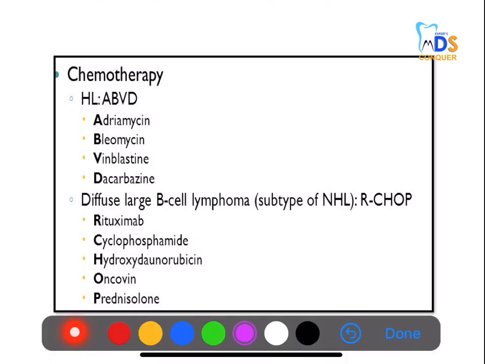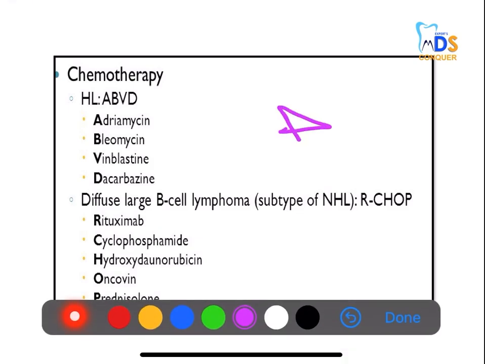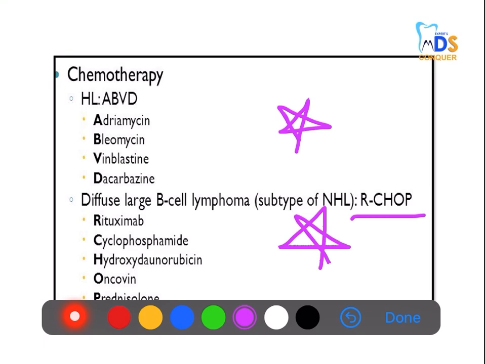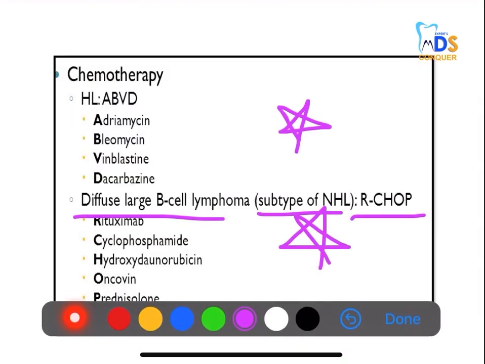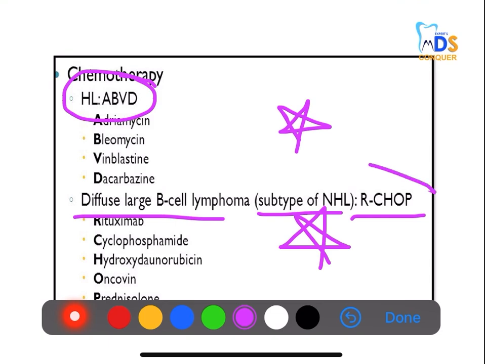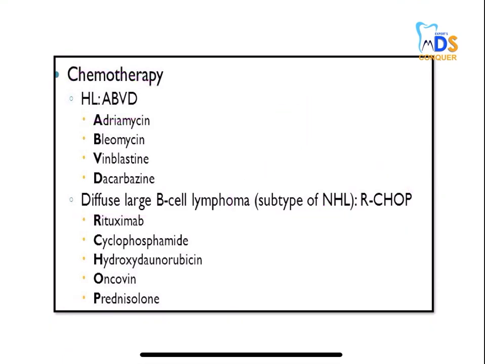And very important are the regimens: ABVD for Hodgkin's lymphoma and R-CHOP for non-Hodgkin's, that is for B cell lymphoma. Many times they have asked, they can ask you to pick out the drugs used in the regimens. So just note them down.